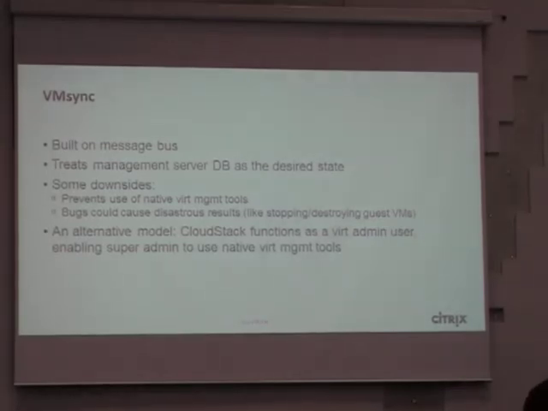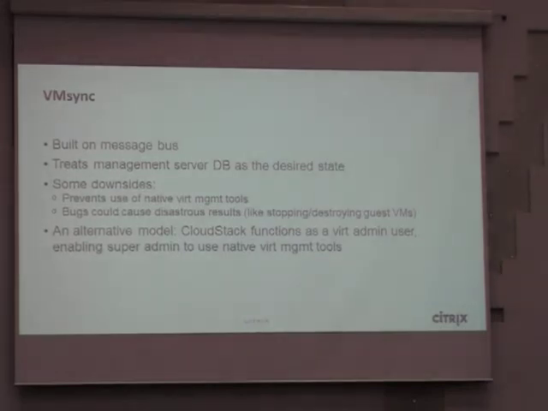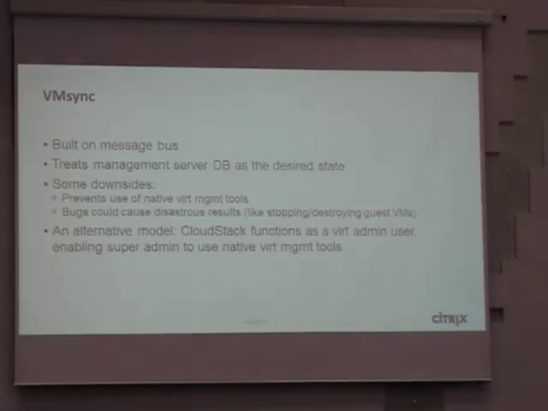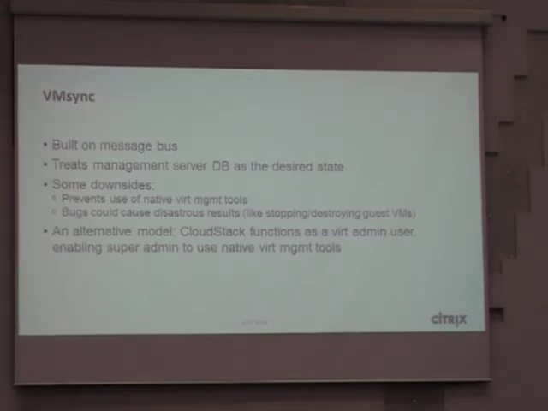VM sync is another area that requires improvement. Today, CloudStack has a technology called VM sync, and it's designed to enforce the desired state of the system, stored in the CloudStack database, onto all the resources being managed. The way CloudStack works is we get an API call, and we save what it wants us to do into the database.